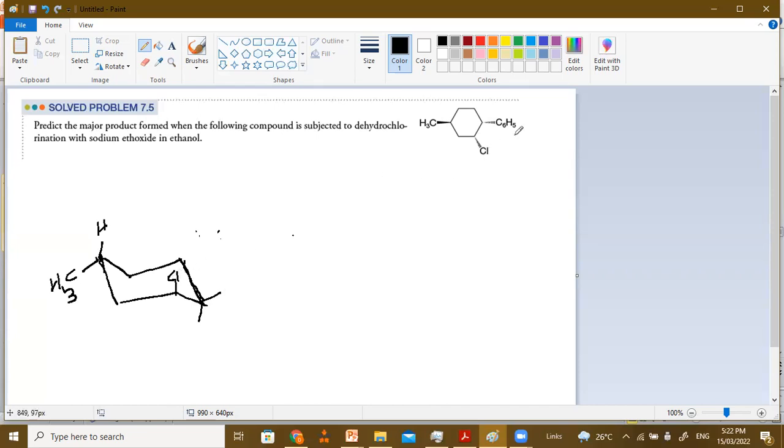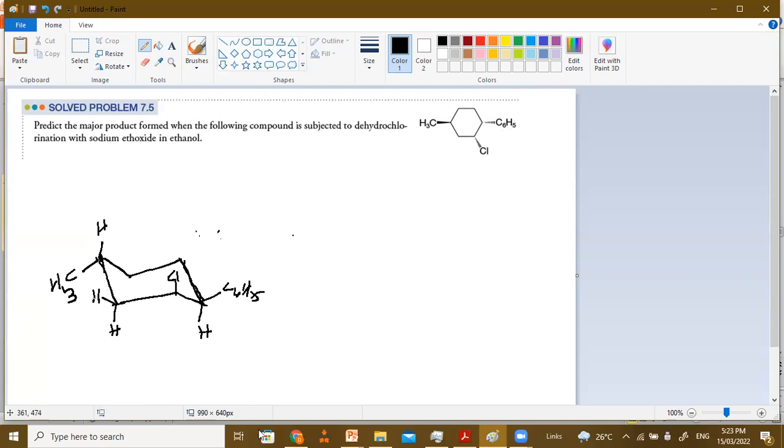Chlorine and C6H5 are on the same side. So you have C6H5 and here your hydrogen, and you also have your hydrogen here. Down, and you have a hydrogen up, which is in the equatorial position.